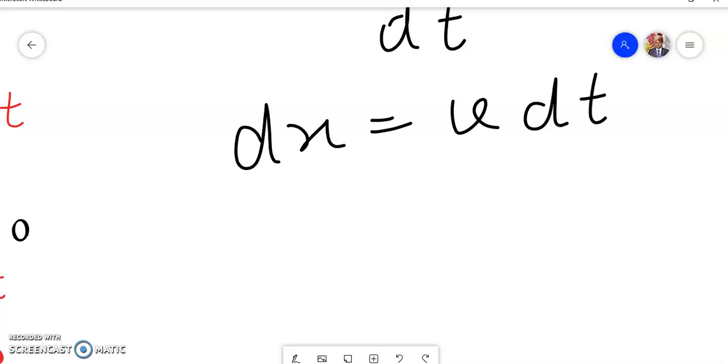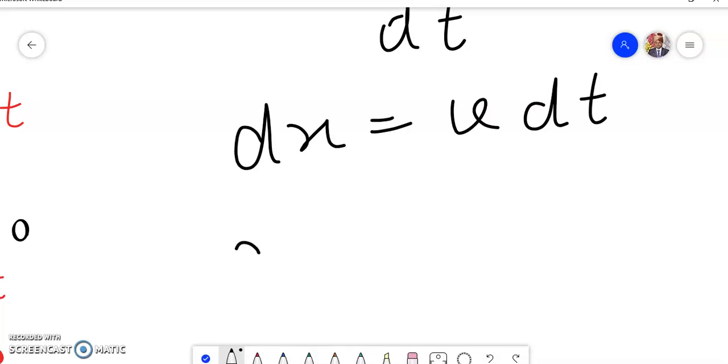Let us see how we can get it. What we do is just simply integrate this function within the limit. Clear? And we will substitute here the value of v from the first equation.